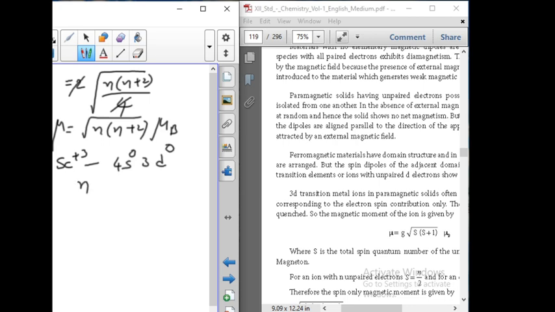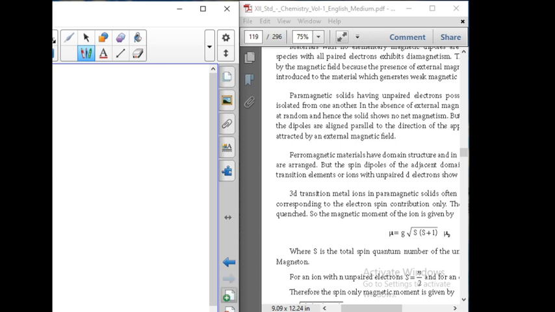So n, the number of unpaired electrons, is 0. Now we can substitute: mu is equal to 0 Bohr magnetons. If the mu value is 0, we can say it is diamagnetic. Already I told you, with no unpaired electrons, it is diamagnetic. If there are unpaired electrons, it is paramagnetic.